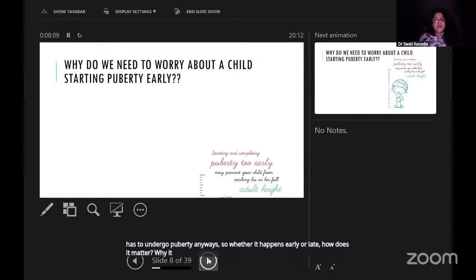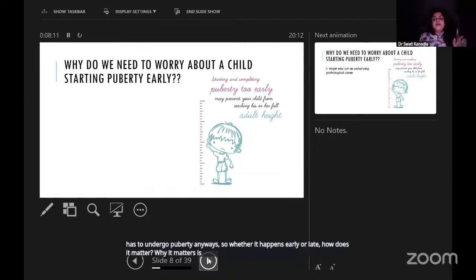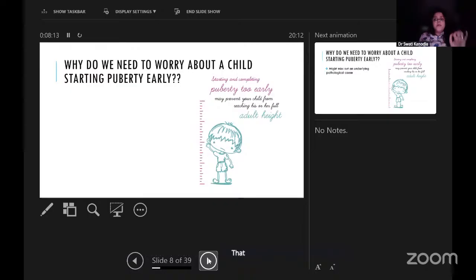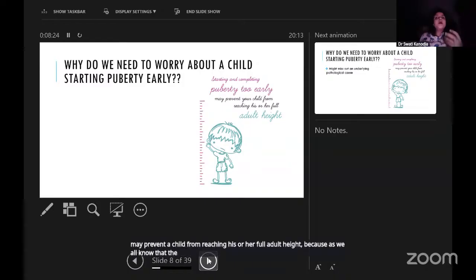Why it matters is that starting and completing puberty too early may prevent a child from reaching his or her full adult height. Because as we all know, the hormones which bring about the changes in the body tend to mature and fuse the bones. And once the bones are fused, the person stops growing in height.